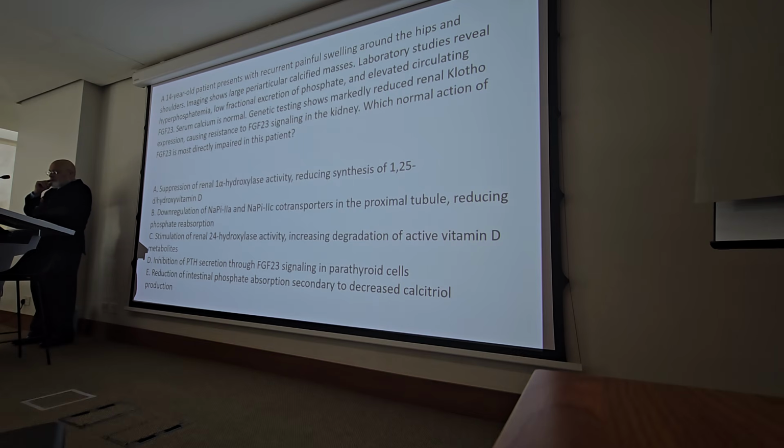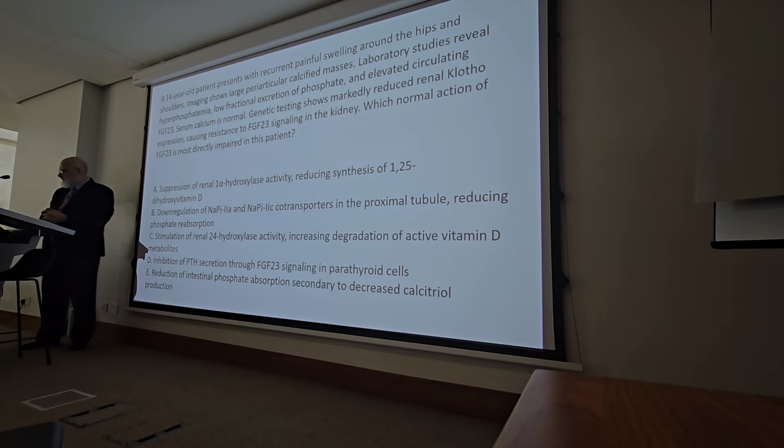C, stimulation of 24-hydroxylase activity, increasing the degradation of active vitamin D metabolites. D, inhibition of PTH secretion due to FGF23 signaling in parathyroid cells. E, reduction of intestinal phosphate absorption secondary to decreased calcitriol production. So the answer is one?